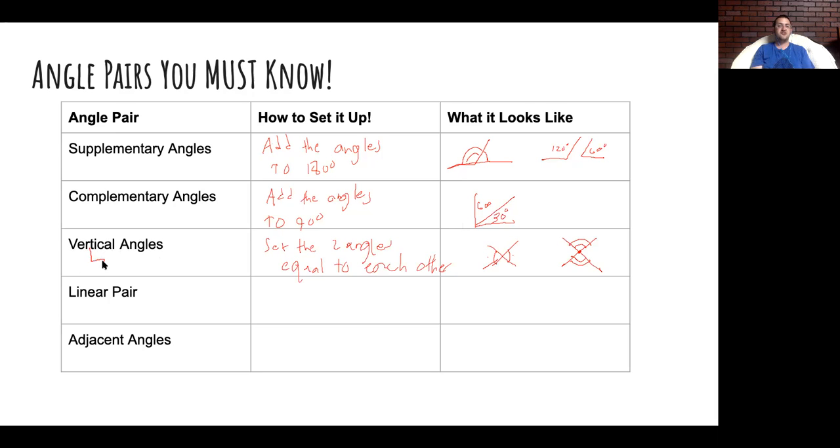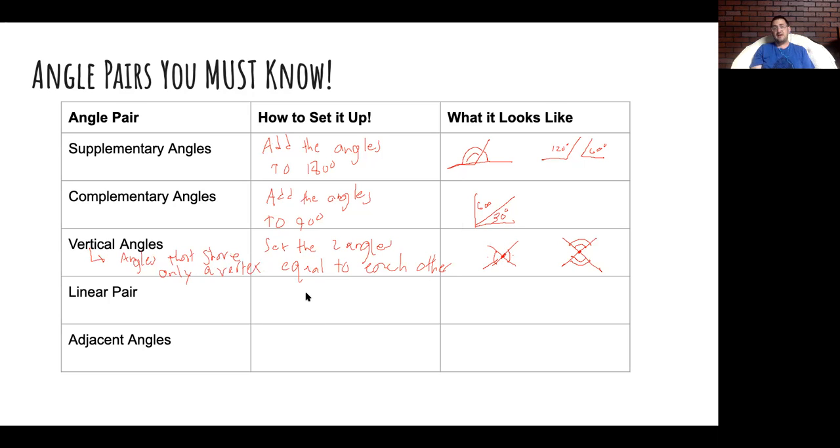So these are angles that share a vertex, and we could see here that the only thing they share is the vertex. That's the only thing they have in common.